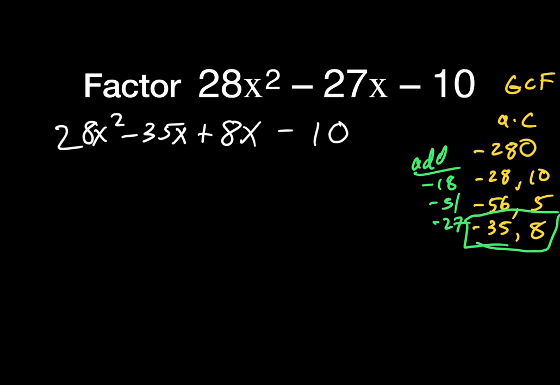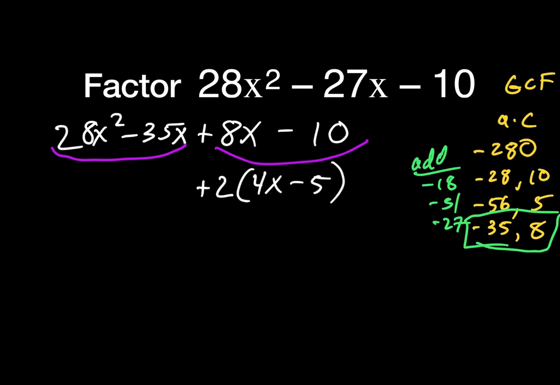Now, when I say factor by grouping, I've got this group and I have this group. I can see right away this is my easier one. 8x and negative 10 are both divisible by 2. So it'd be plus 2 times 4x minus 5.